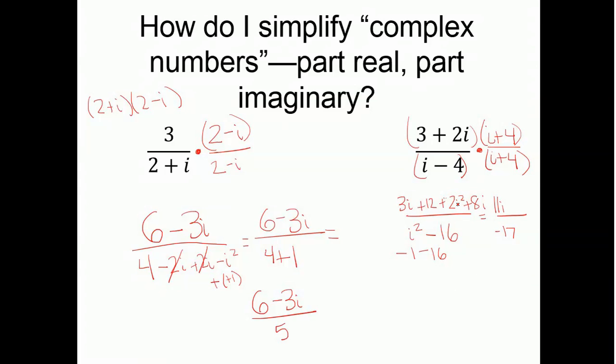And 2i squared. Well, i squared, remember, that's just negative 1. So I have 2 times negative 1 right there, right? Which is negative 2. And I have 12 minus 2, which is 10. But remember, you always want the real in front of the imaginary. So I'm going to go 10 plus 11i all over negative 17. And that will be the final answer.